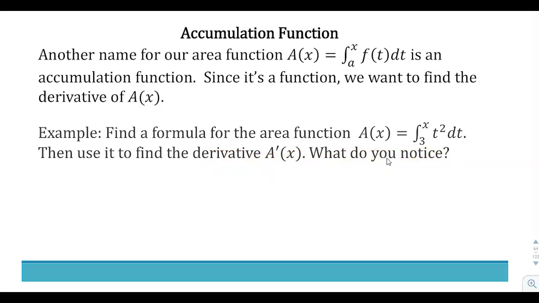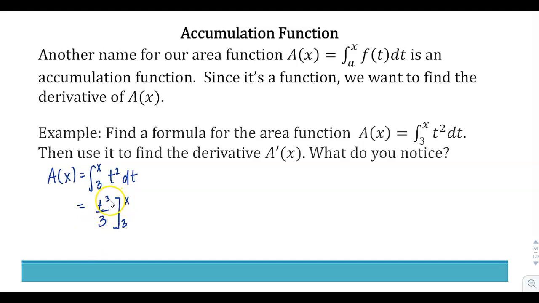So let's start with A of x is equal to the integral from 3 to x of t squared dt. To find a formula for A of x, I'm going to apply the Fundamental Theorem of Calculus Part 2 here. I'm going to find the antiderivative for t squared, so that would be t cubed over 3, and evaluate this from 3 to x.